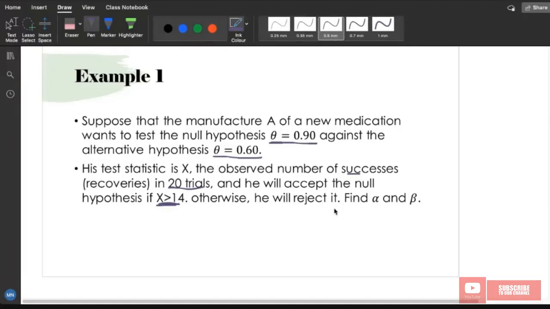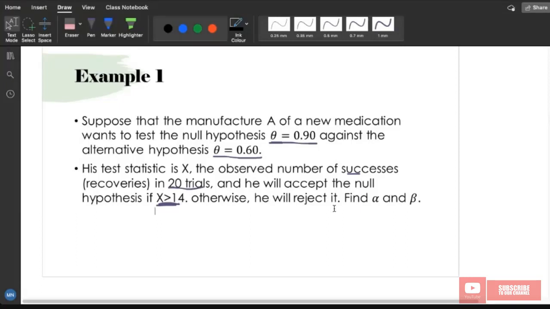So we need to find alpha and beta. Alpha means type 1 error, beta means type 2 error. By looking at the situation, the observed number is success, meaning recovery. So it should contain success and failure, meaning recovered and not recovered. It has 20 trials, right?